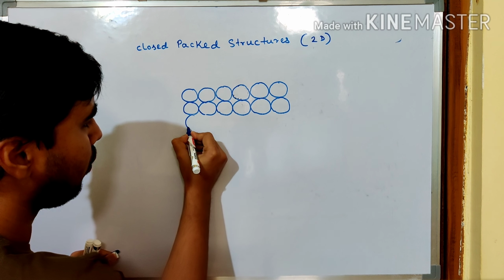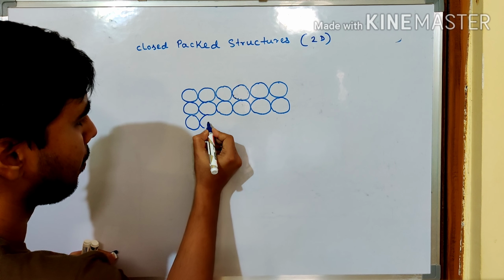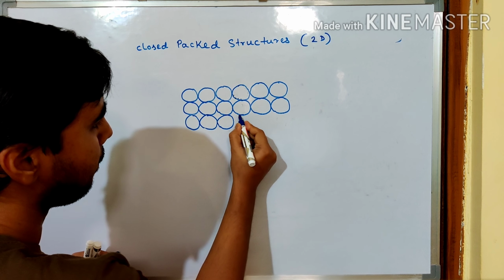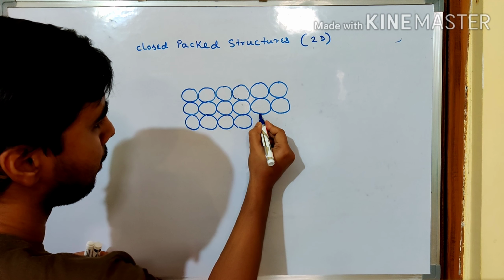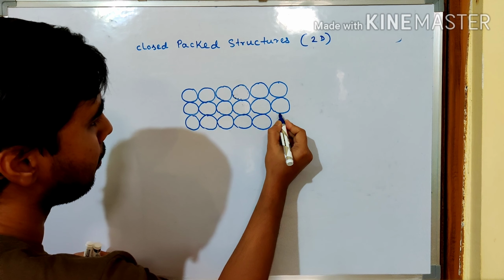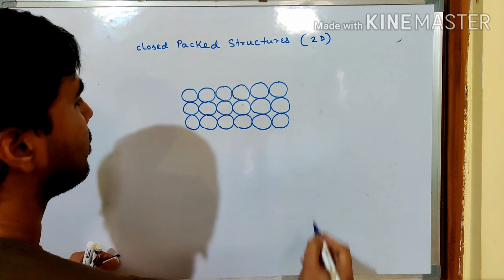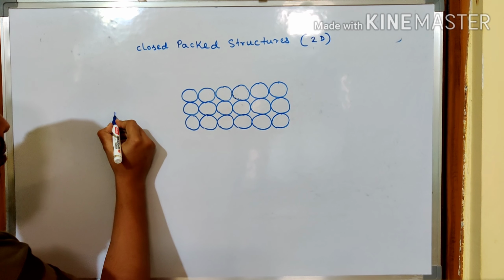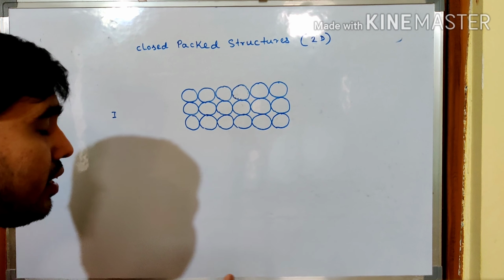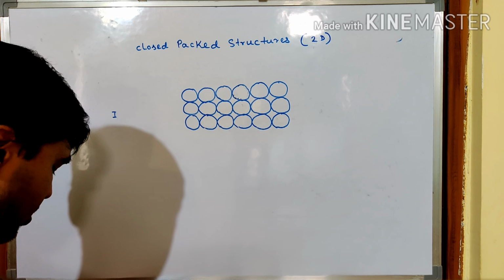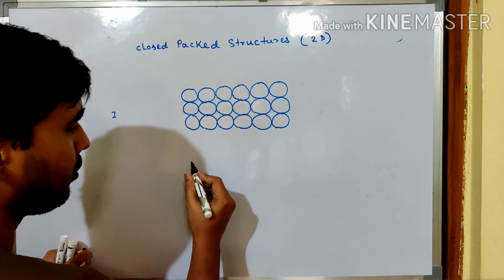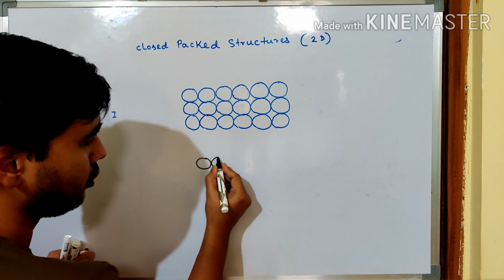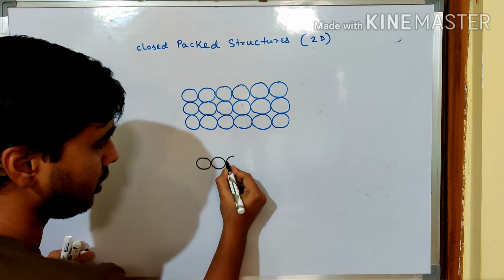Let us draw one more layer. Without explaining much of it, let us draw. This is one type of arrangement, as I have said. There is another arrangement possible, that is, with black I am drawing. Carefully see the difference between the two. You should figure it out by yourself by pausing the video.